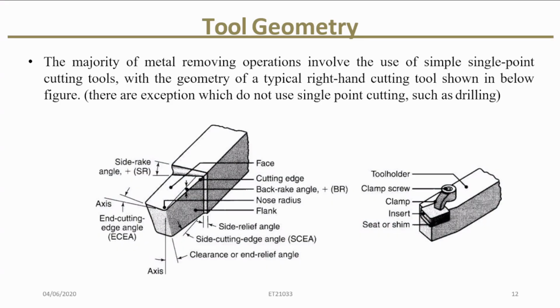When we consider the cutting tool, you can see the shape of the cutting tool. This is not a cutting point, there is a cutting edge, and the cutting edge has a very small radius. So this is not a point. When we consider the geometry of this cutting tool, you can see there is a side rake angle.